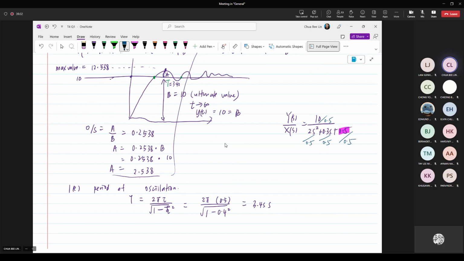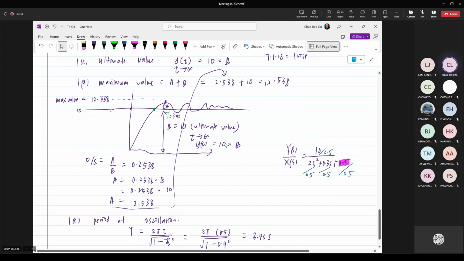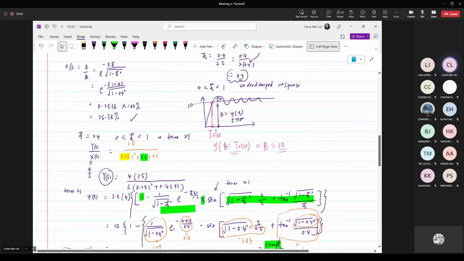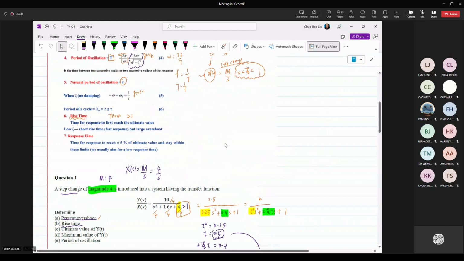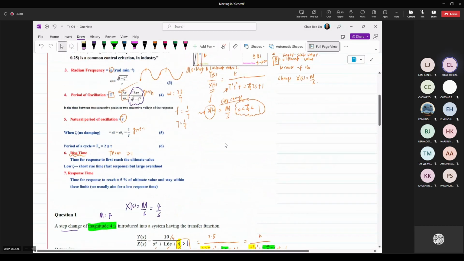frequency of oscillation, which is the f. So frequency of oscillation, you can also refer to the formula. Okay, frequency of oscillation. So this one, question 2, I will skip. So from here, frequency of oscillation is the f. Where is the f?